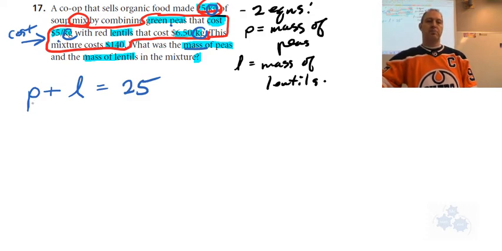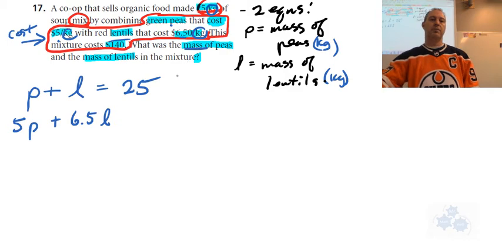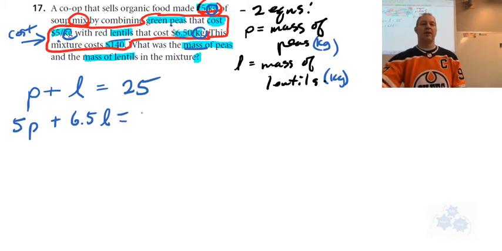So the P is going to be the mass of peas, and obviously that's going to be in kilograms because the whole question is in kilograms. So we really have 5P plus what? Tell me what's next. 6.5 or $6.50, right? L, lentils cost that much, equals $140.